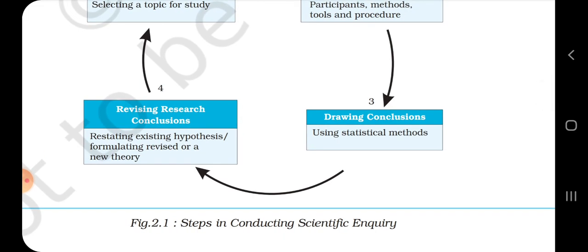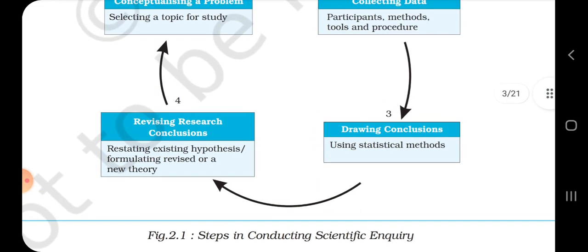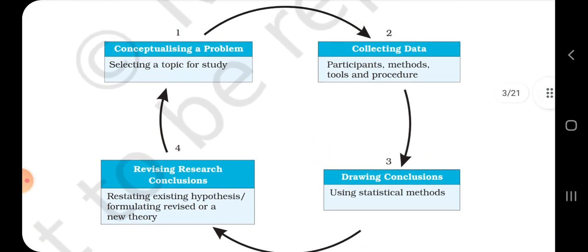After drawing conclusions from this, you will compare or review the old existing hypothesis, and from that you will do the revised theory, or you will make a new theory from this, right? Then again the same procedure goes on.